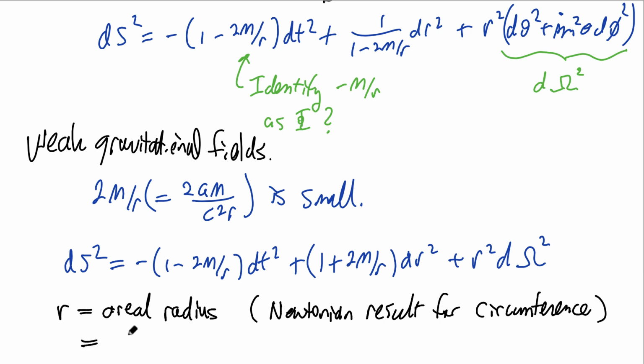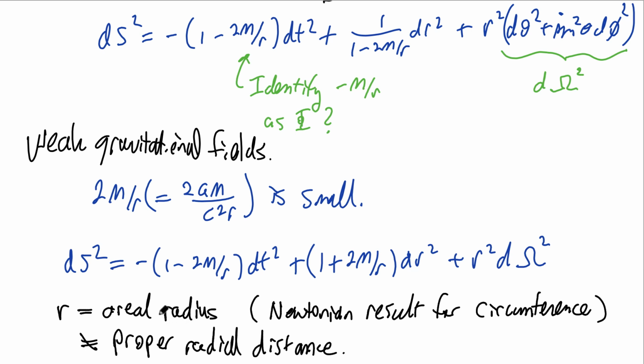But it does not define the proper radial distance. So what we would like to do is choose coordinates that are in some sense as close to Newtonian or flat space coordinates as possible.